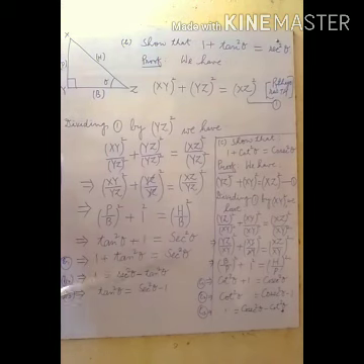It means that in the place of sec square theta, we can note down tan square theta plus 1 or 1 plus tan square theta. Or in any place where 1 plus tan square theta is there, that will be equal to sec square theta. So the left side is equal to the right side and the right side is equal to the left side. In the place of the left hand side, we can note down the right side, and in the place of the right side, we can note down the left side.